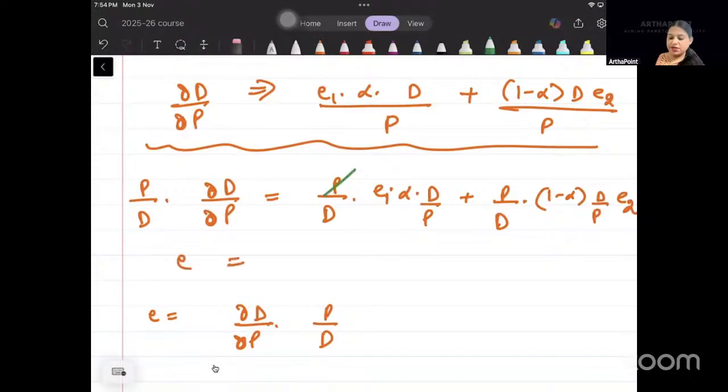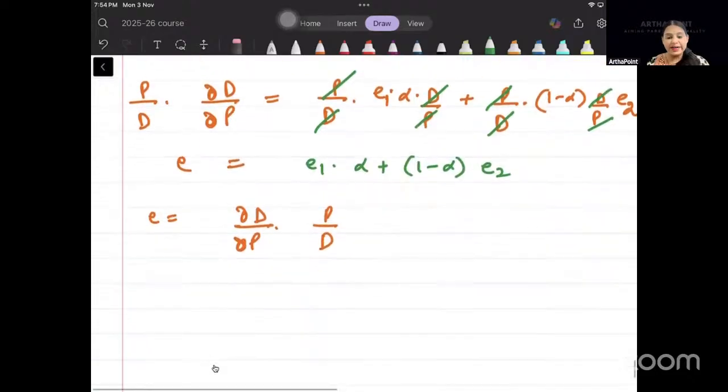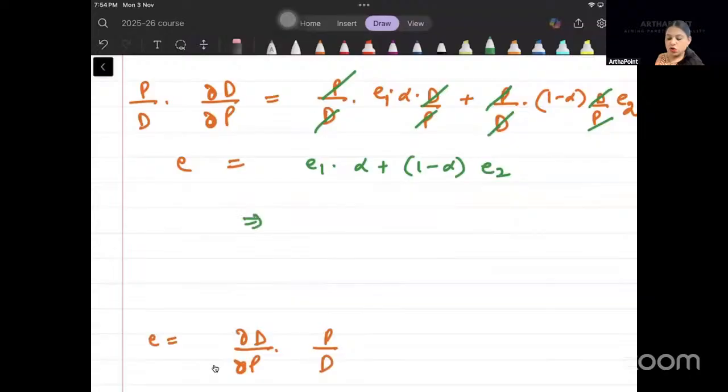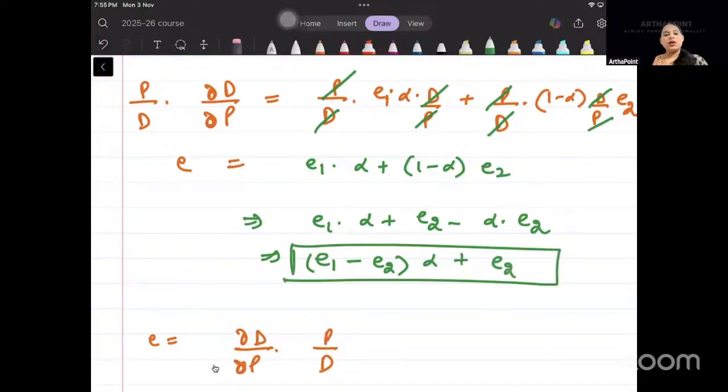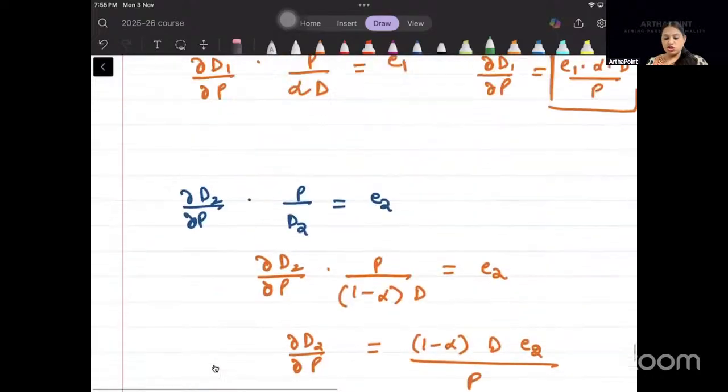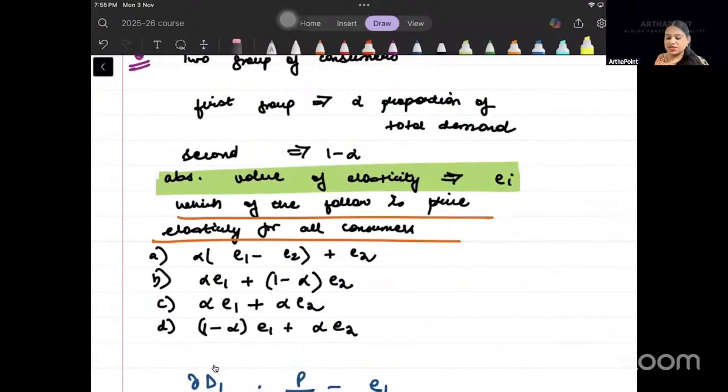And here this will cancel, cancel, cancel, cancel. So I will get E1 alpha plus (1 minus alpha) E2. But this is also E1 alpha plus E2 minus alpha E2. And this is also (E1 minus E2) alpha plus E2. So even this is correct.